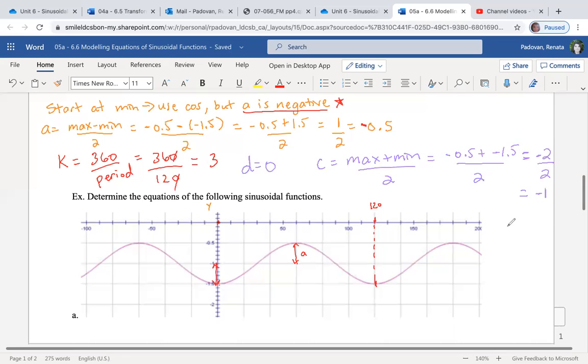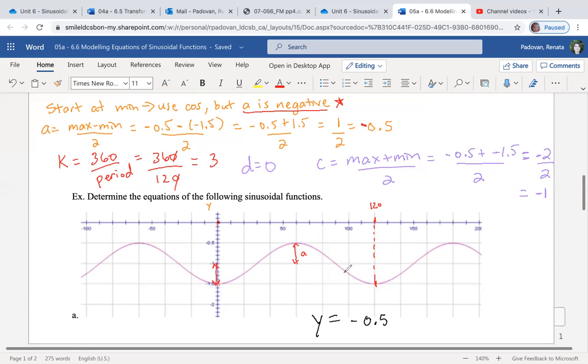And then just plug that into an equation, which I'm going to put down here for room in black. So I have my equation is y equals A is negative 0.5, just because it is reflected over. We don't know what this is, if it's theta or what time, what it would be.